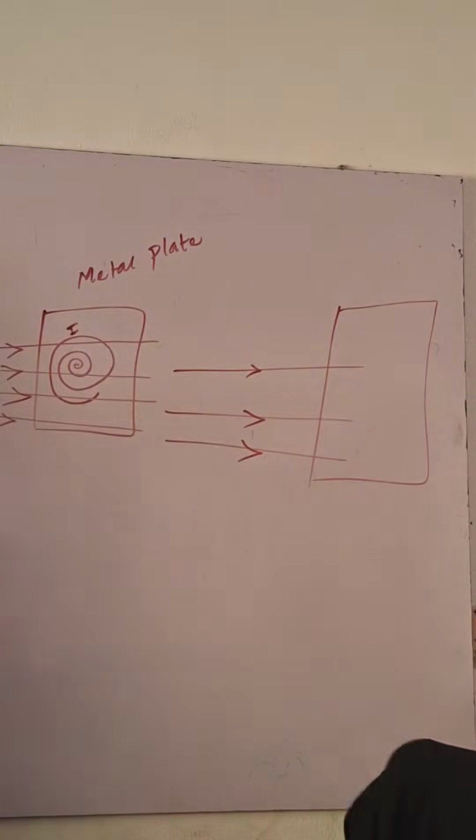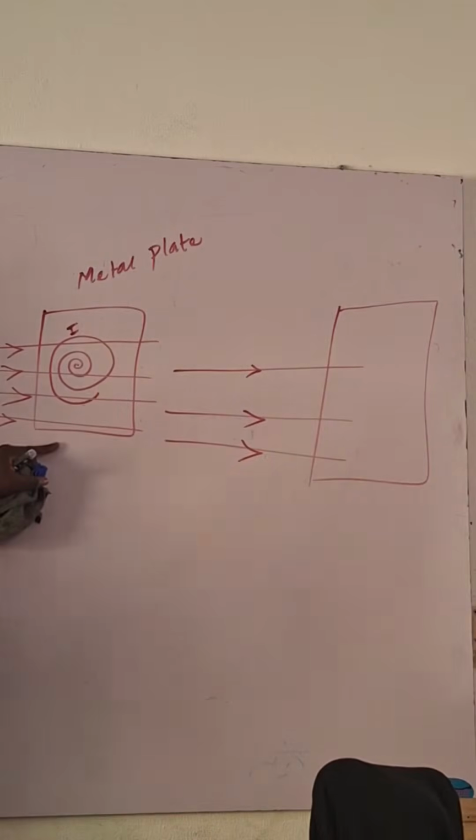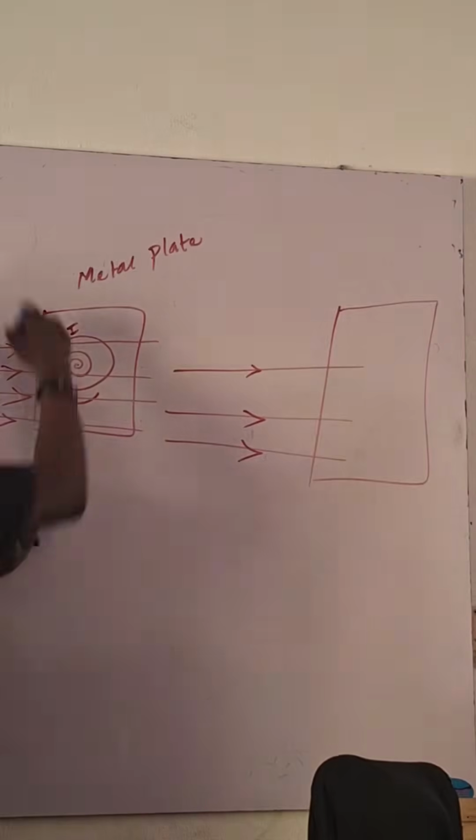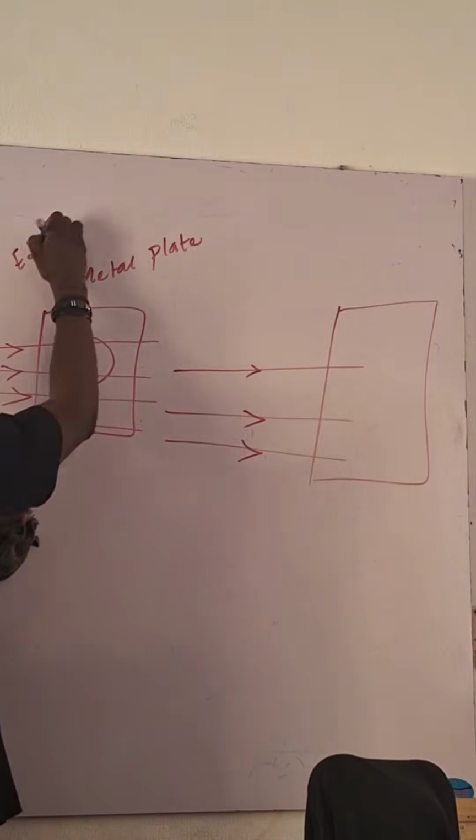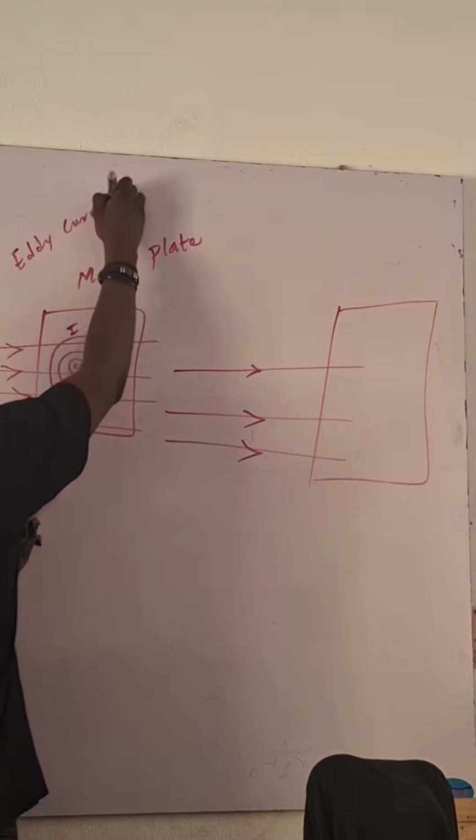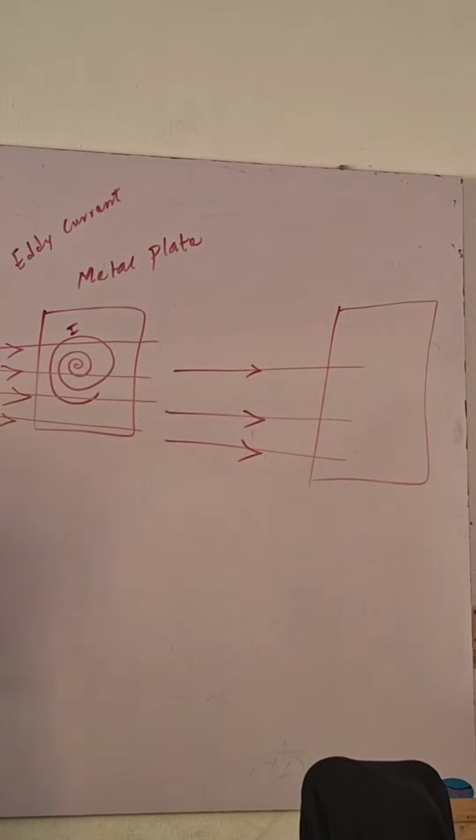That current that is going in that circular pattern in that metal plate that is cutting through the field, we call that current eddy current. So you remember in a transformer, we also have a metal plate where we wrap the coil, right? As the field keeps changing, such current can be generated in this metal plate.